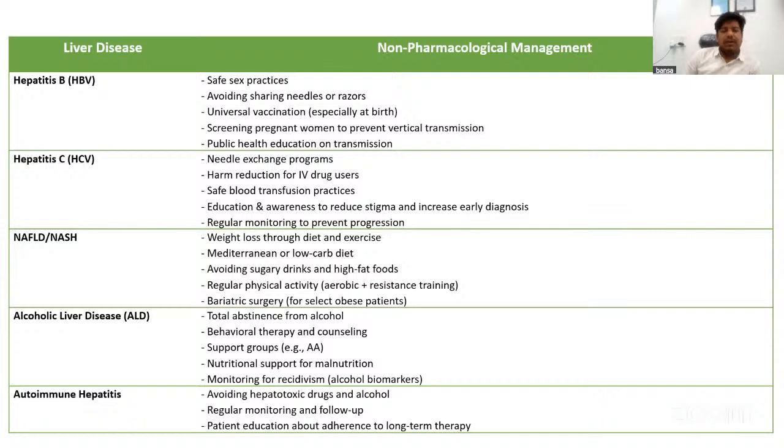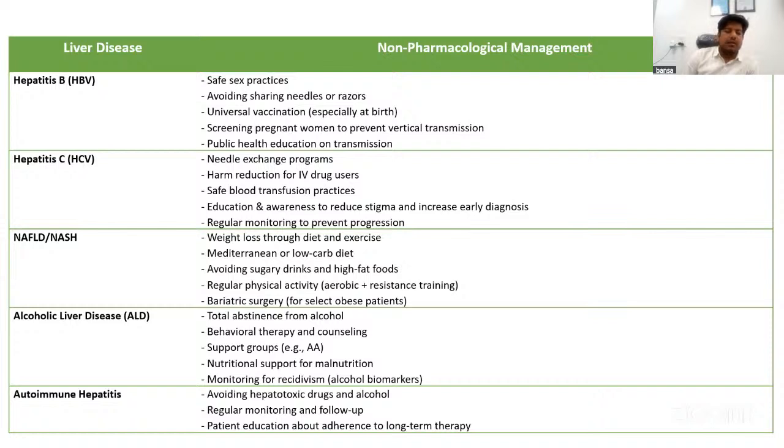NASH, NAFLD, which is the most common disease of the liver now. Generally, weight loss through diet and exercise, Mediterranean low carb diet, avoid sugary drinks and high fat food, regular physical activity, and varied exercise. Alcoholic liver disease: total abstinence from alcohol, behavior therapy and counseling, support group in the form of Alcoholics Anonymous, nutritional support for malnutrition, monitoring for recidivism.